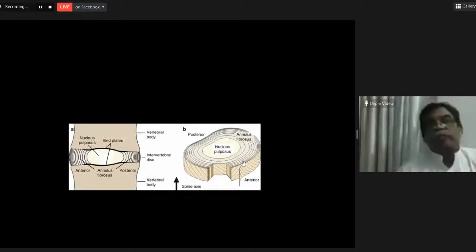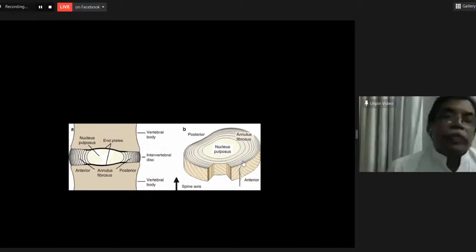The intervertebral disc is a very important part of our vertebral column. As we all know, there is a central nucleus pulposus, and on the periphery is the annulus fibrosus. This annulus fibrosus is attached to the end plates.